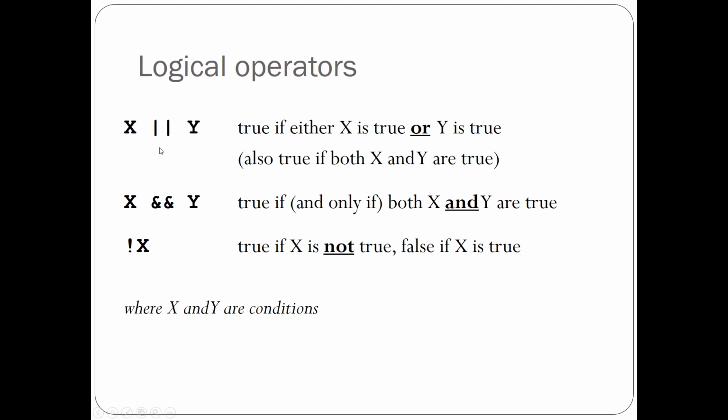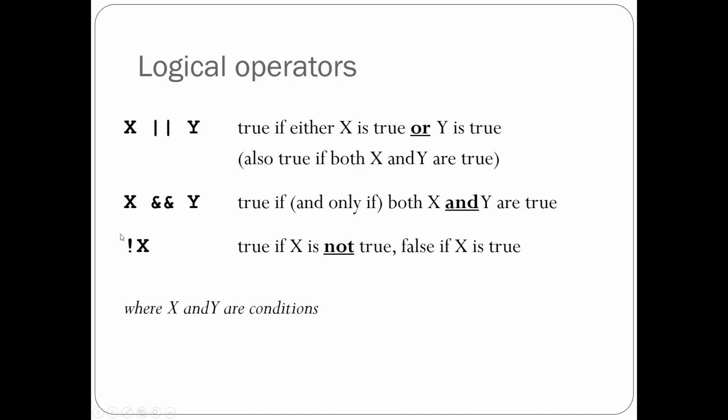It also will produce a true if X and Y are both true. These are the symbols that are used for a logical AND. And for an AND to produce a true, both sides of the condition must be true. If either side is false, it will produce a false.